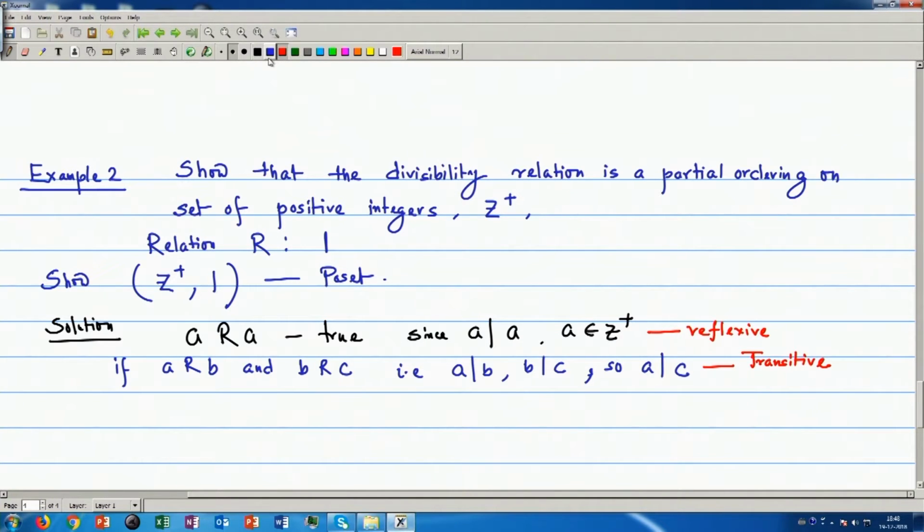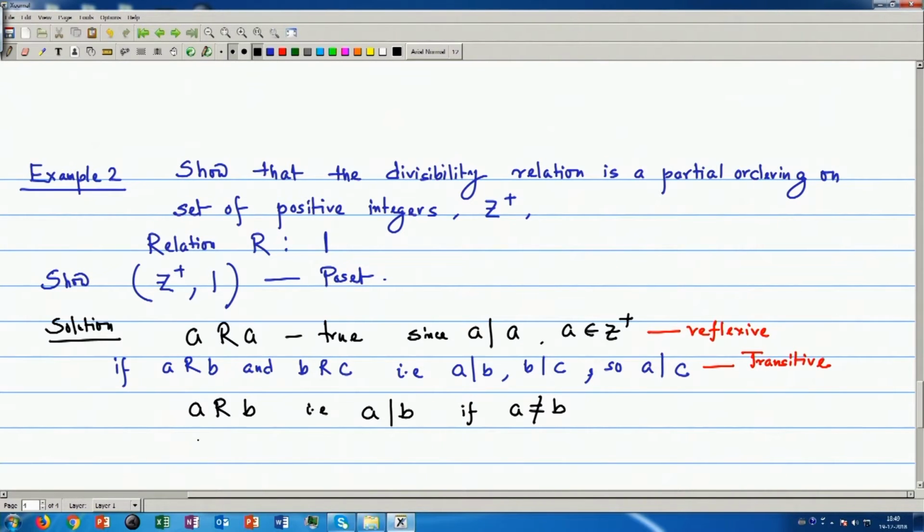Now, what about the antisymmetric property? If A R B holds, that means A divides B. If A not equal to B, then B R A is never true.